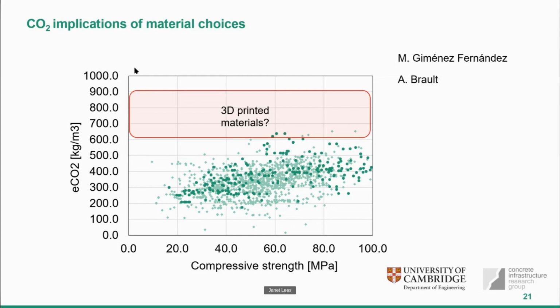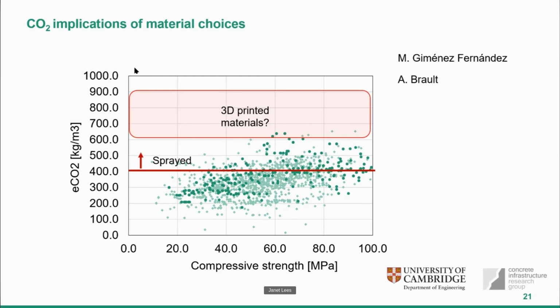This is partly because it tends to be fairly small particle sizes, has this very challenging rheology I mentioned, and therefore that drives up the cement content. Equally with spray concrete, the ECO2 tends to be 400 or above.